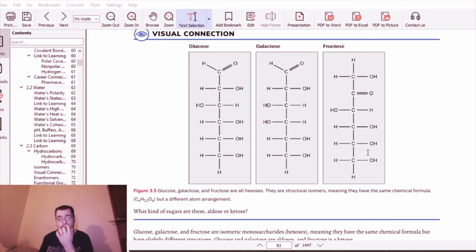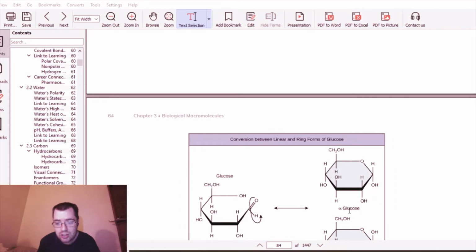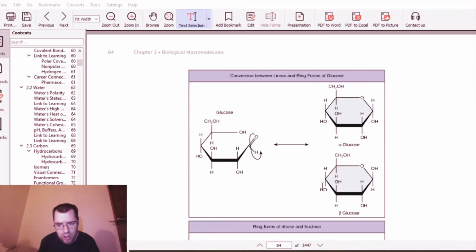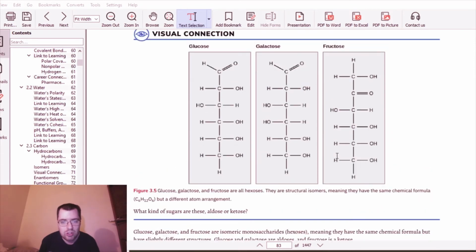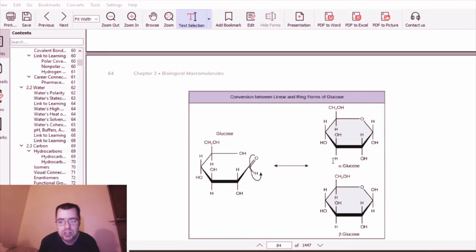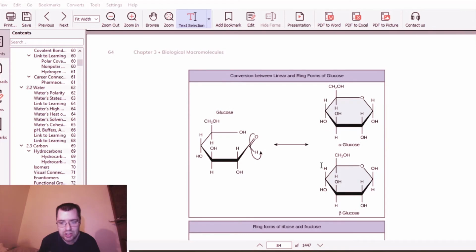carbons here. And we can, okay, what is this? This is glucose. So hold on. Yeah, glucose. And we can verify this up here. It has 1, 2, 3, 4, 5, 6. Oh, that's right. I'm sorry. This is what we're looking at, not this. So sorry. 1, 2, 3, 4, 5, 6.